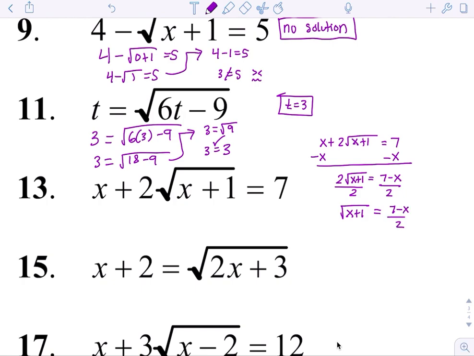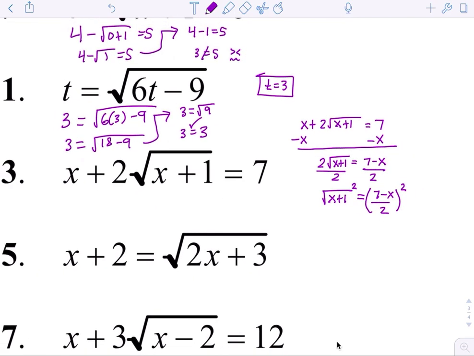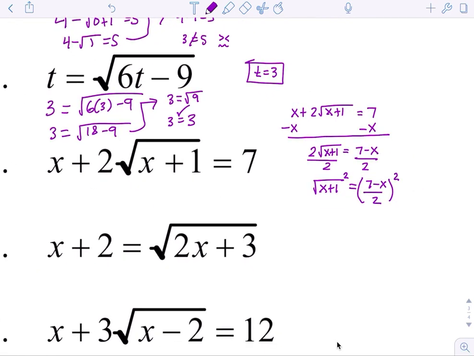We have an isolated radical, so take the second power to both sides. So then we get x plus 1 is equal to 7 minus x to the second power and 2 to the second power as a result.